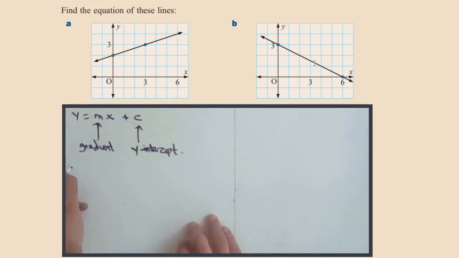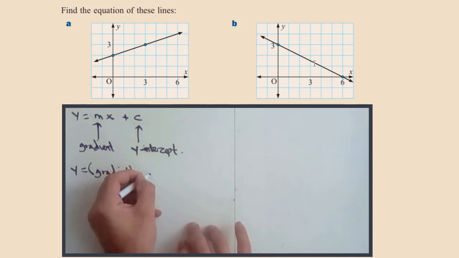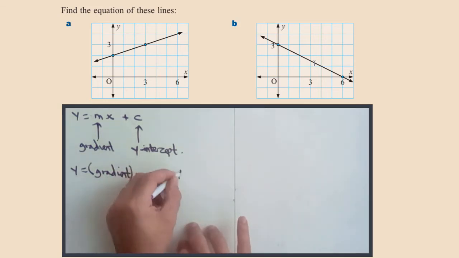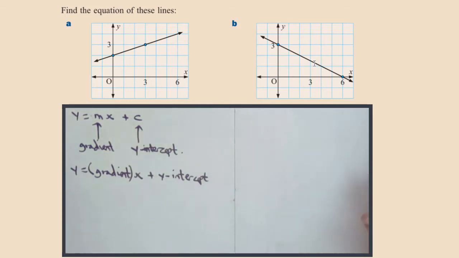Another way to think about it is y equals gradient x plus y-intercept. Just like that.